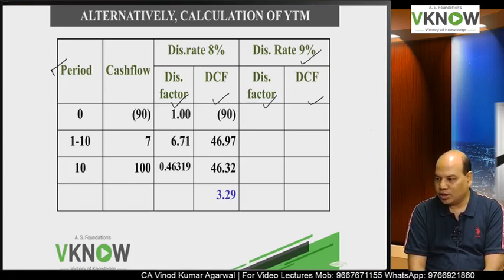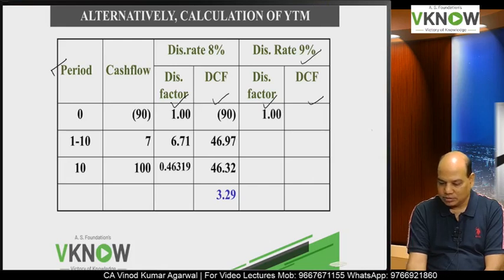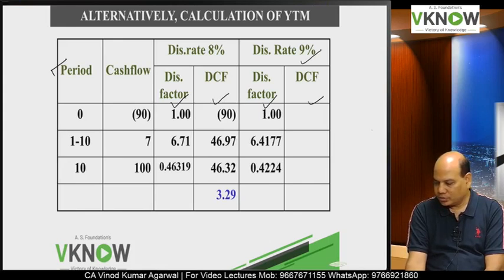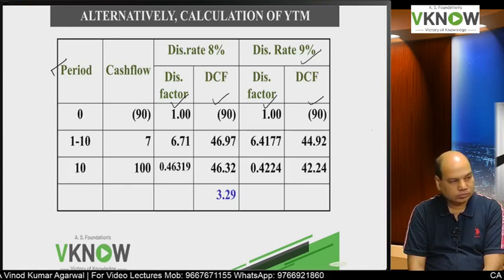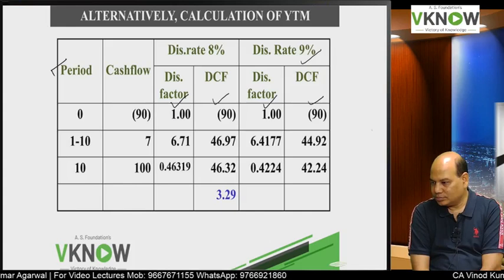So now you try at 9%. 3.29 is right. Divya is right. Then try 9%. What is the total of the last column?